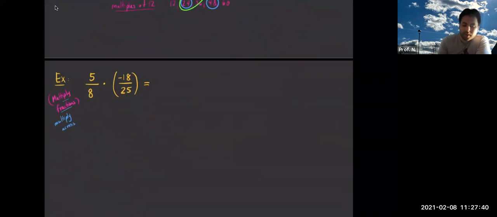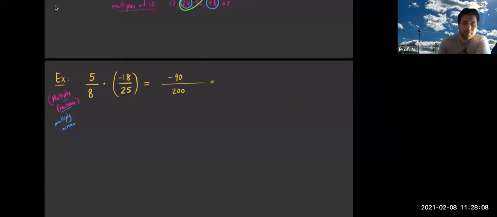So if you multiply across, right, what do you get? You get 5 times 18 and then 8 times 25. What's 8 times 25? 200. And then what's 5 times 18? It's 90, right? Negative 90.